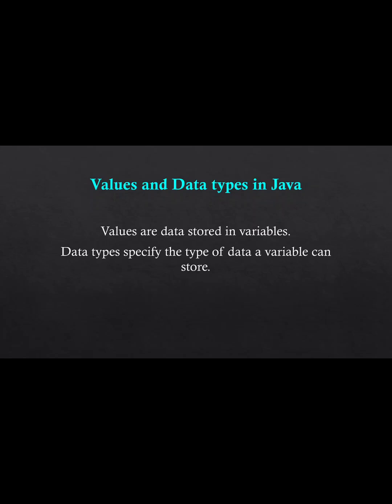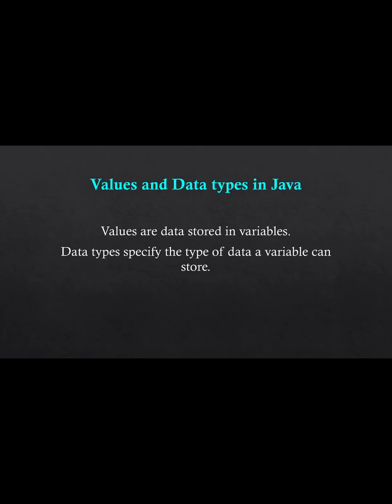Why am I explaining this again and again? Because it is the very foundation: a variable is anything which gives a name to a memory location. For example, if I give the variable name as A, that means the name of that memory location is A, and if I store the value 10 inside it, then that 10 is the value, the data stored inside the variable.